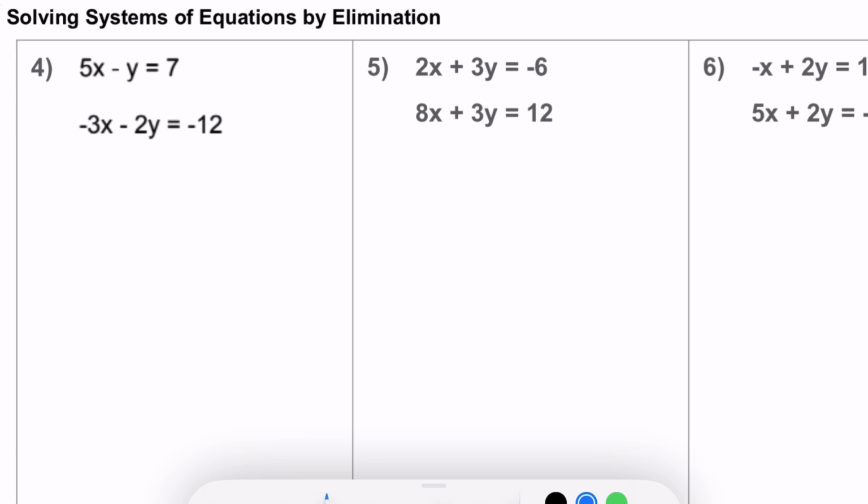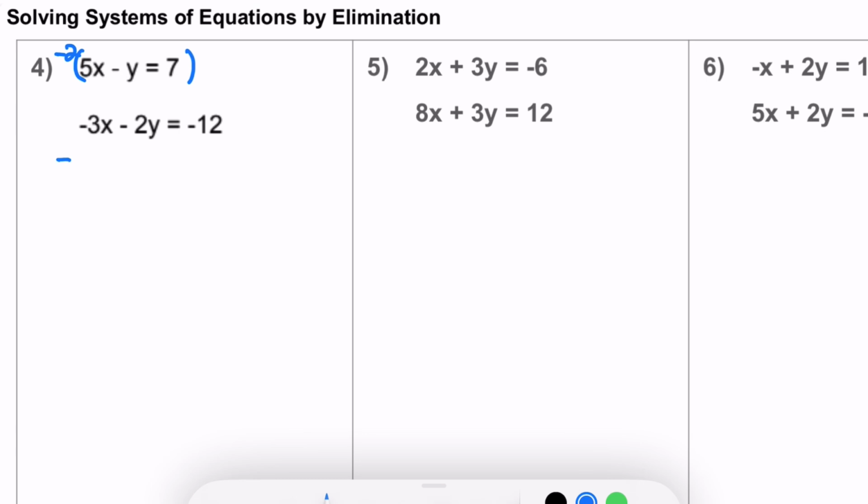For question 4, I would eliminate the y because I only would have to change one of the equations, and that's the top one, to make that a positive 2. So let's change this to negative 2.